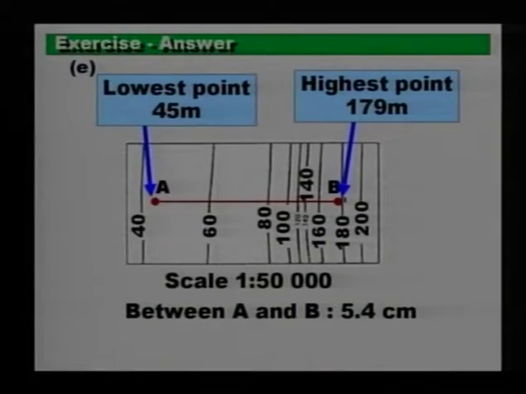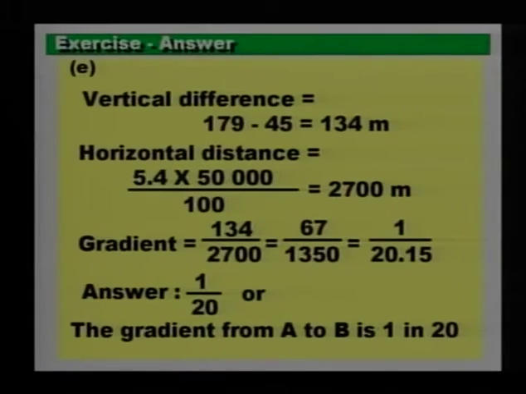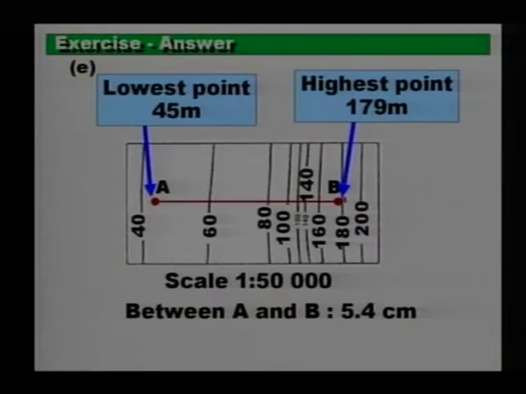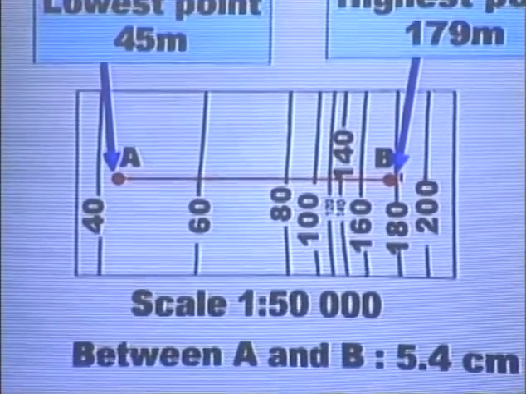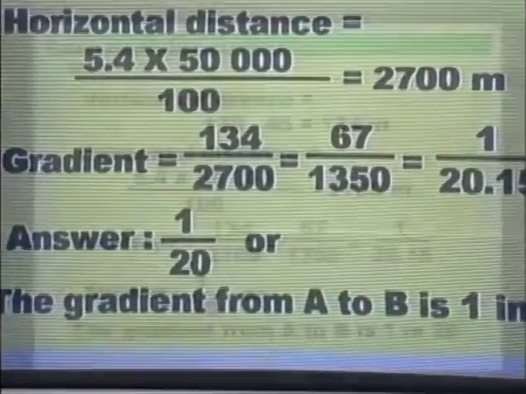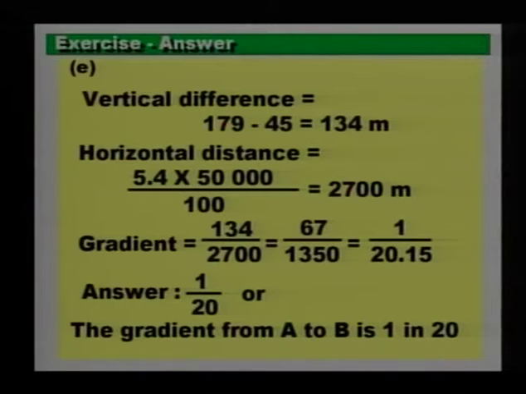We get the difference, and it will be 134, which is the vertical difference. We find the distance between point A and point B. We measure from this point to that point, and our measurement should see us come up with 5.4 centimeters. To get our 5.4 centimeters to meters, we use the scale.